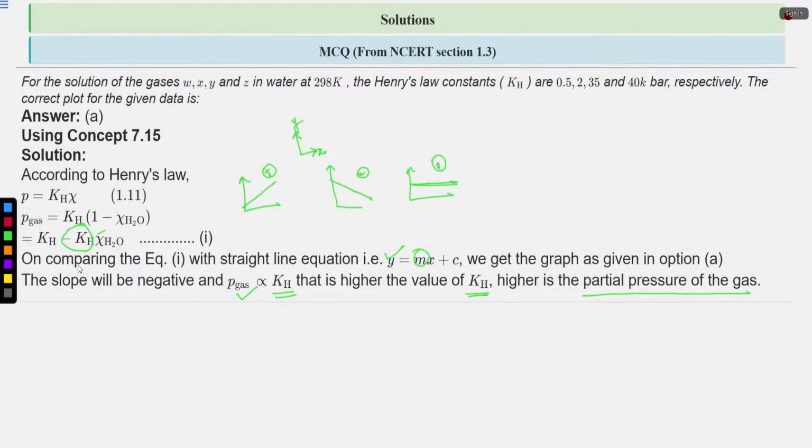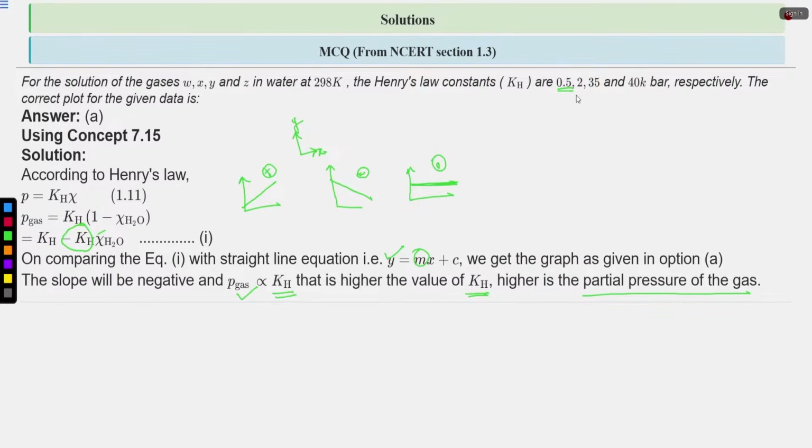As we have been given, the slope is negative, and we have also been given the KH values. The lowest KH value is for the W gas, 0.5. That means it is approximately 0. So the graph of the W gas will be almost equal to a straight line, which is already present in our option A graph.